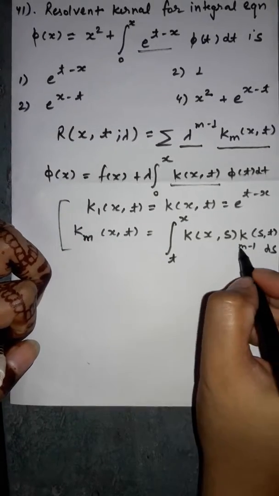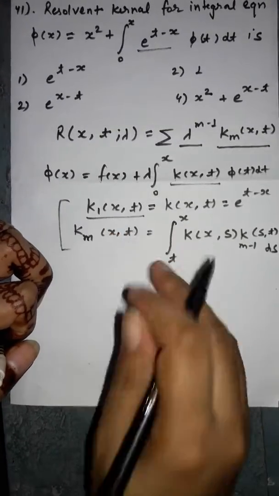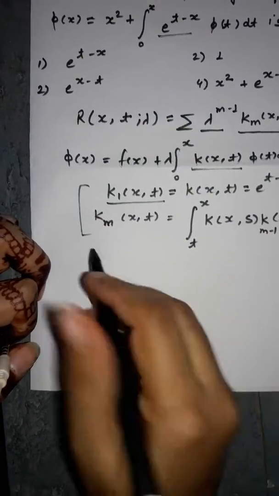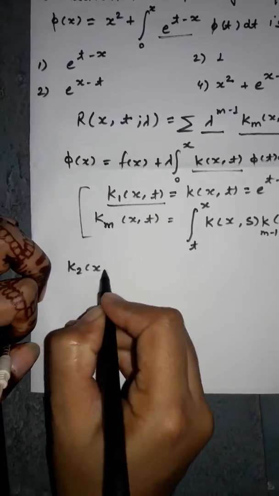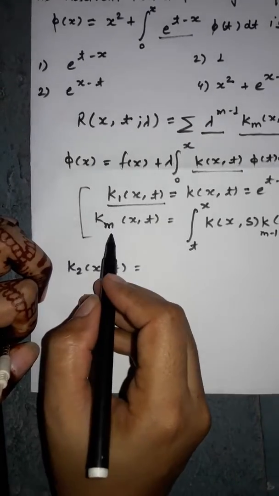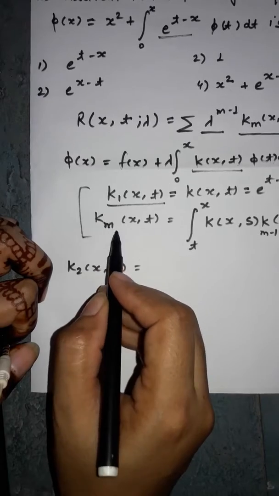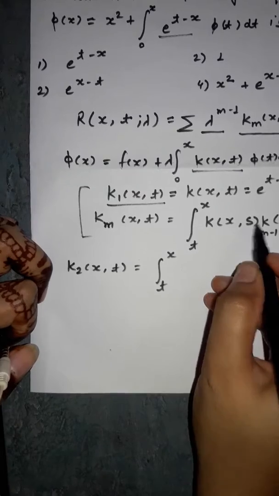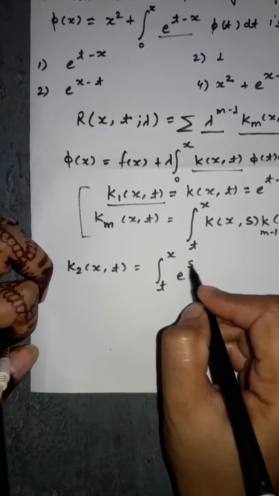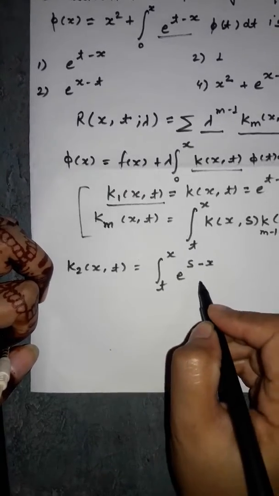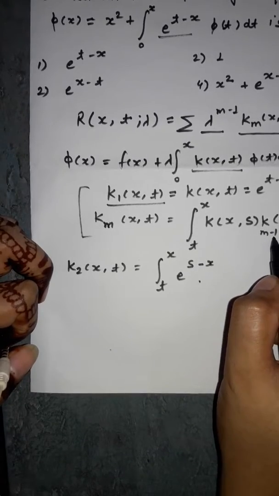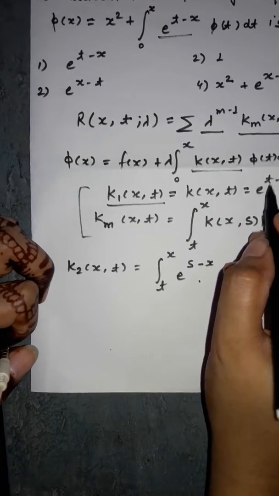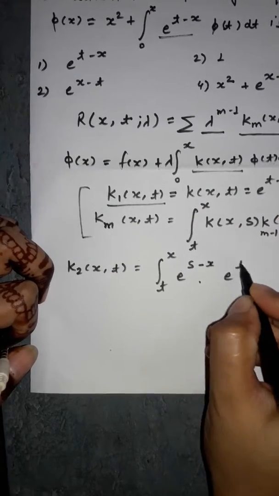Okay, so this K m minus 1 we can find from here. First K1 of x comma t we already have, e to the power t minus x. We need to find K2 of x comma t, right? So K2 of x comma t, in the place of m we put 2. We get the integral t to x, k of x comma s will be e to the power s minus x, correct, into K m minus 1, meaning K1 of s comma t. K1 of s comma t will be e to the power t minus s, correct?